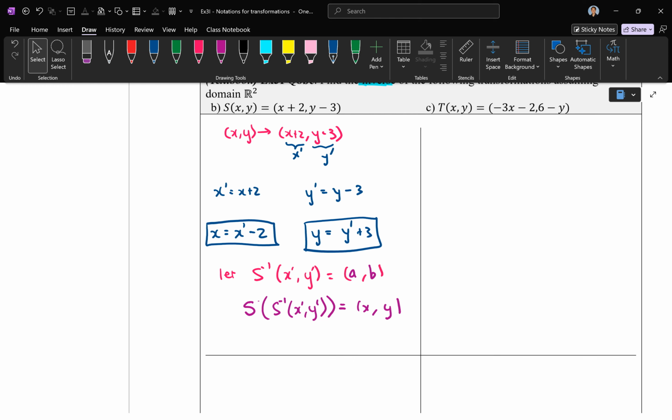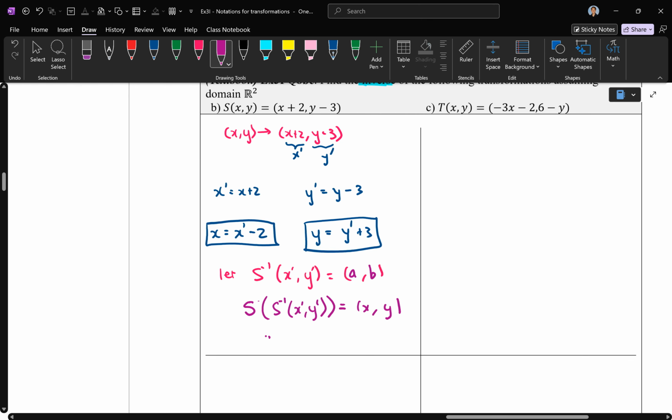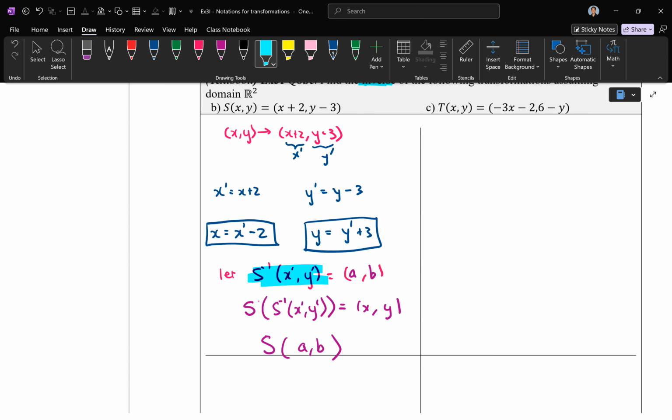So technically, what I'm really solving for is S of AB. Does that make sense? Yeah, so what I'm really doing here is I'm saying S of AB. You see that? I'm just saying this here is equivalent to that, and since that's equivalent to this, I'm just replacing it. Yes?